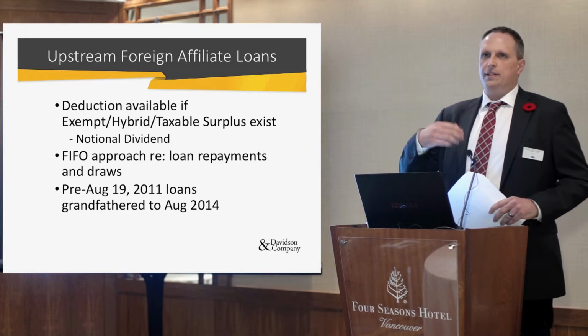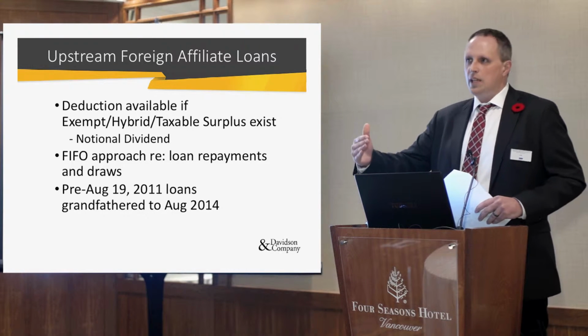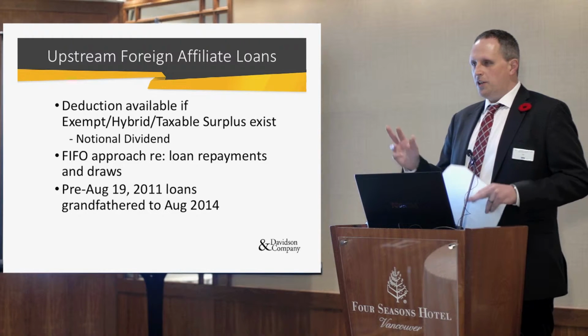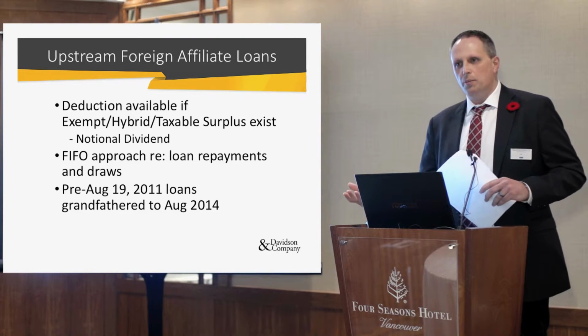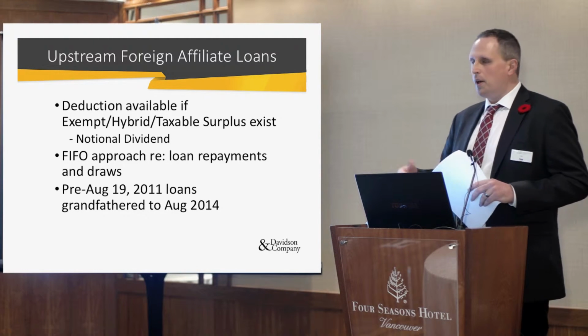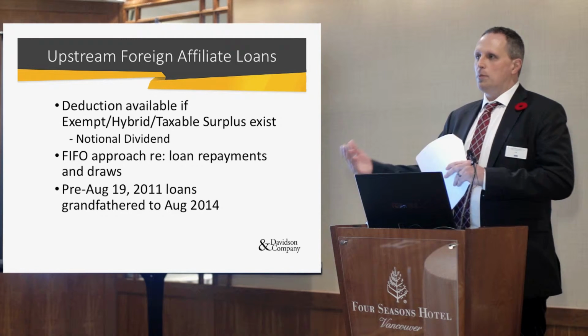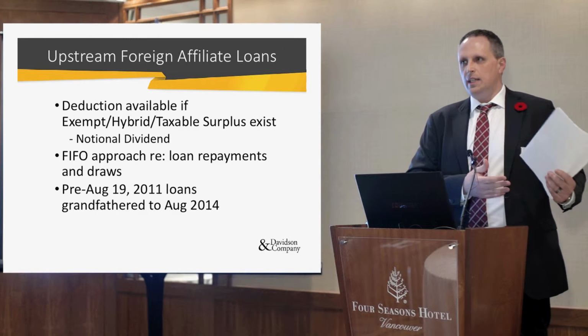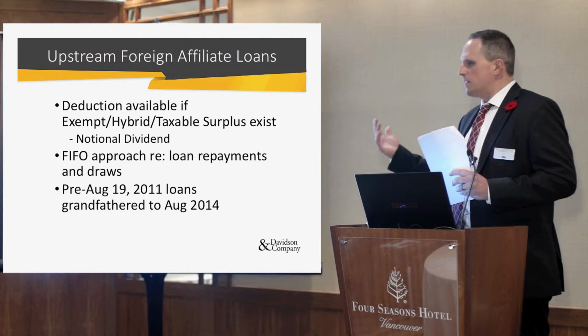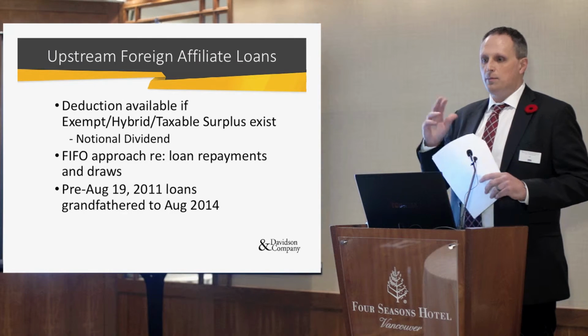So you can claim a deduction against this deemed income that's come in as a notional dividend, because if you had the option of paying this tax-free dividend up to the Canadian parent, you should be able to say that whatever that deemed income is coming up is considered to be this tax-free exempt surplus dividend.